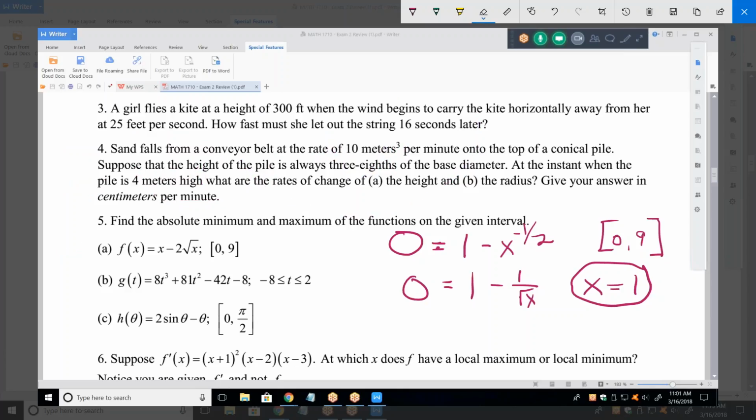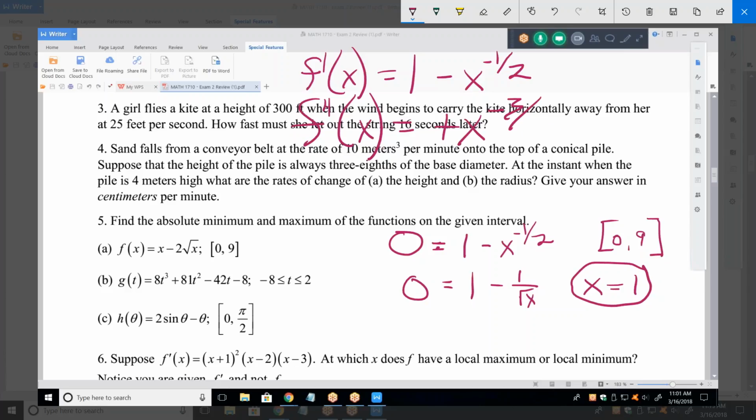That's the first derivative. So the first derivative is equal to that. Give me the second derivative. It's just negative x raised to negative 3/2. Got the sign wrong. The negatives are going to cancel, so you're going to have a positive x raised to the negative 3/2.